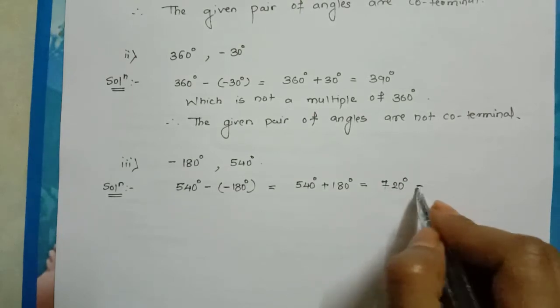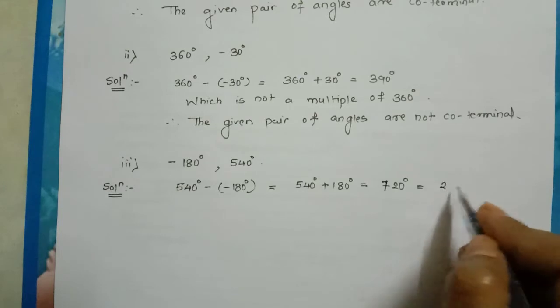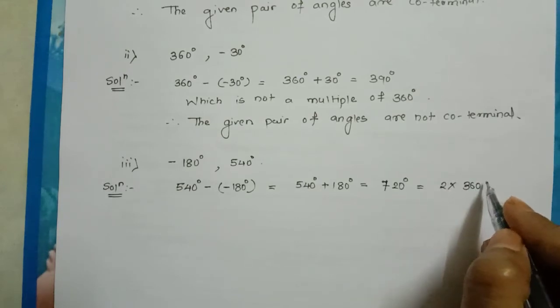We all know this 720 can be written as 2 into 360 degree, correct?